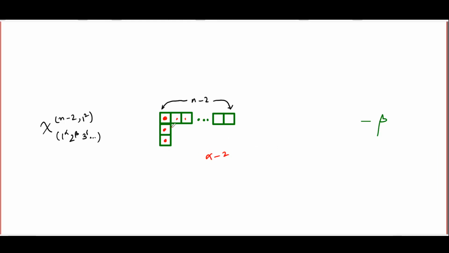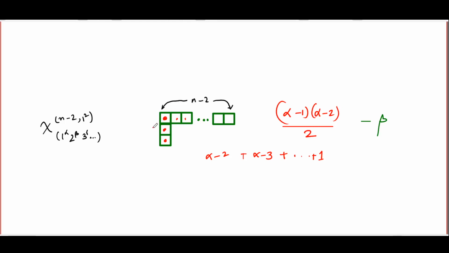If the third dot goes here, then only subsequent dots can come in the lowest position. So for that, the number of choices is alpha minus 3, and so on. If the alpha minus 1 dot goes here, then there's only one choice left. The alpha dot has to go below. So the total number of possible choices is alpha minus 2 plus alpha minus 3 all the way up to 1, or alpha minus 1 into alpha minus 2 by 2. There is another way of looking at it, which is perhaps simpler.